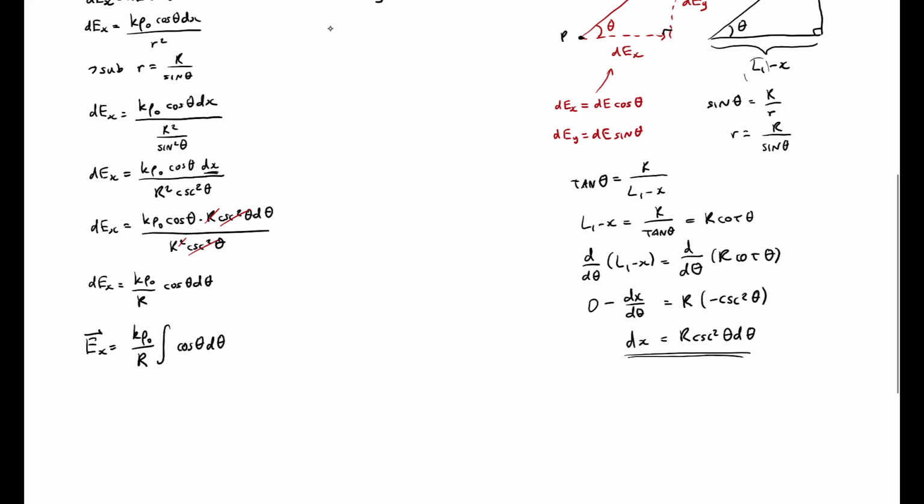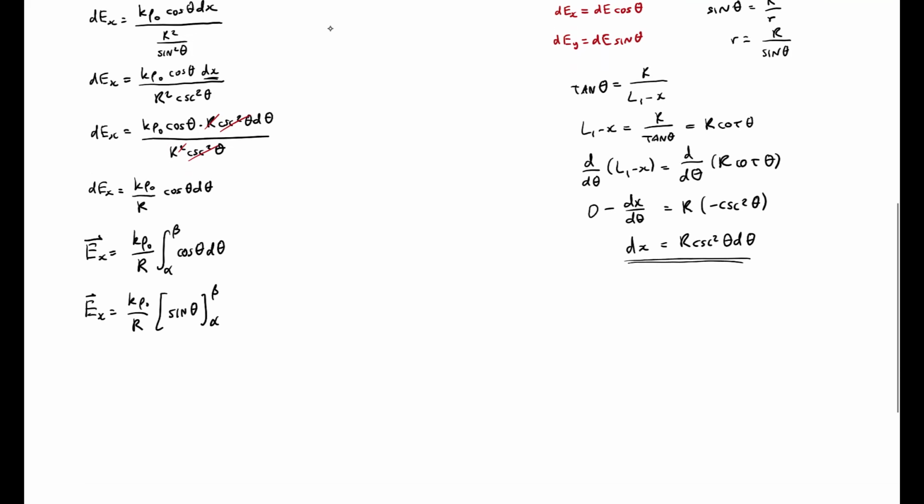So all we have to do is integrate from alpha to beta, and that means Ex is equal to k rho naught over r sine theta from alpha to beta, and we have Ex is equal to k rho naught over capital R, sine beta minus sine alpha.